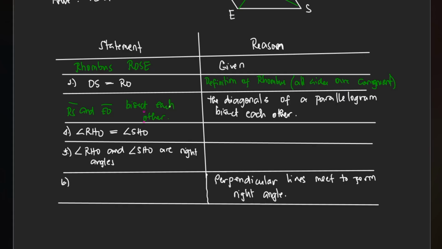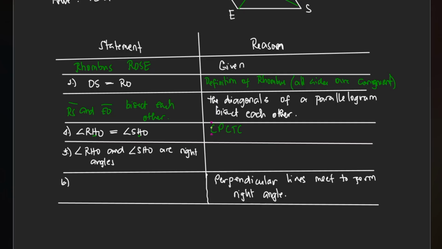Okay? Now, how about the number 4 natin? So, we have angle RHO and we also have angle SHO. Remember, kung ano yung letter na nasa gitna ng given angle natin, yun yung magiging focus ng angle. So, angle H natin is nasa gitna, same with dito sa kabila, angle H is nasa gitna. What do you think the possible reason? Ano nga yung first statement natin? That is CPCTC. Ano ibig sabihin niya?